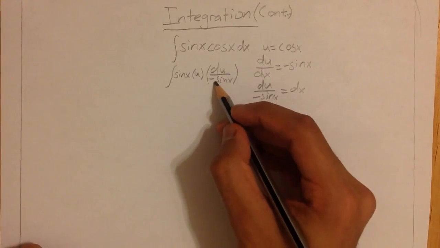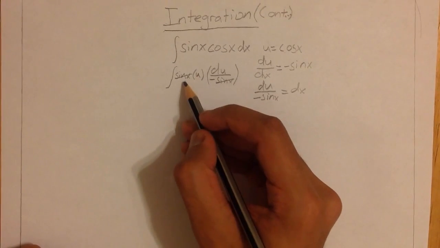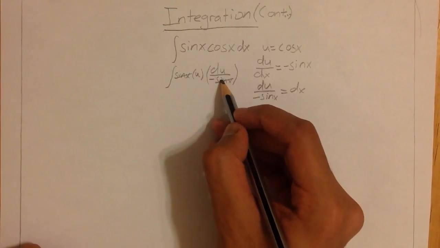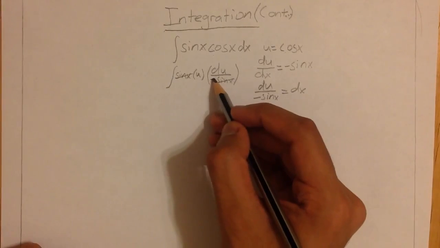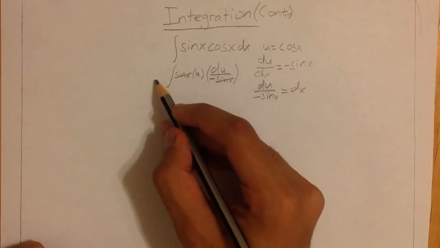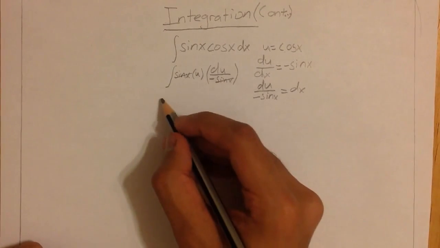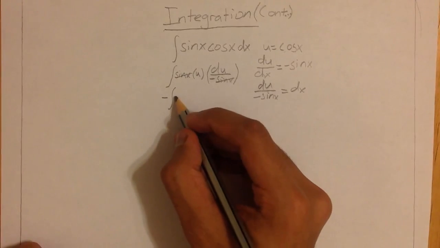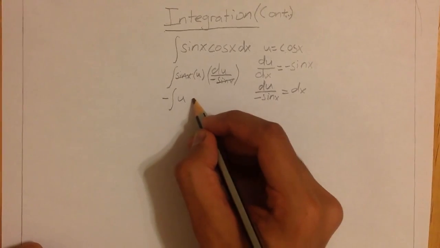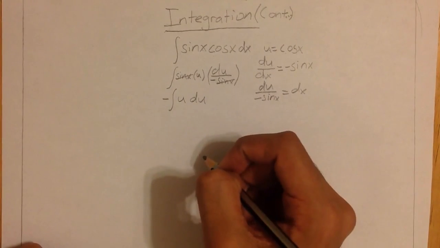And then we can cross out these two sine of x's because they're on the numerator and the denominator. But we still have this negative 1, which we can pull out of the integral because it's a constant. So this gives us negative integral of u du.